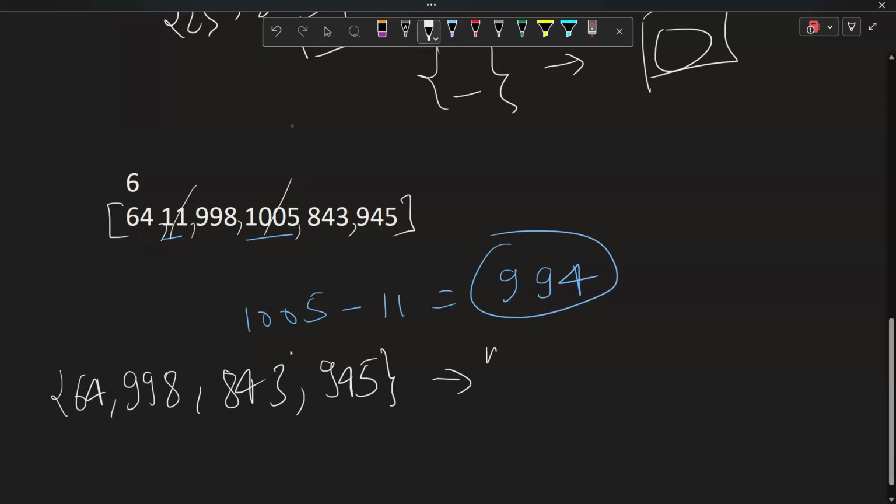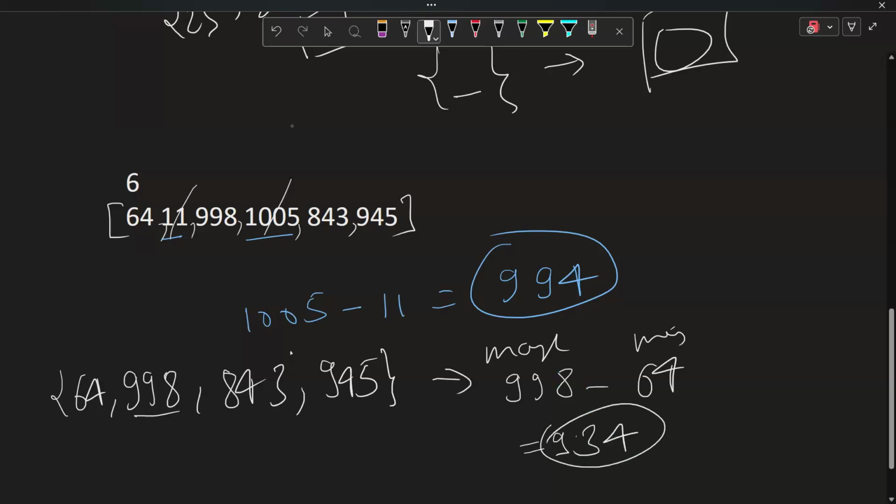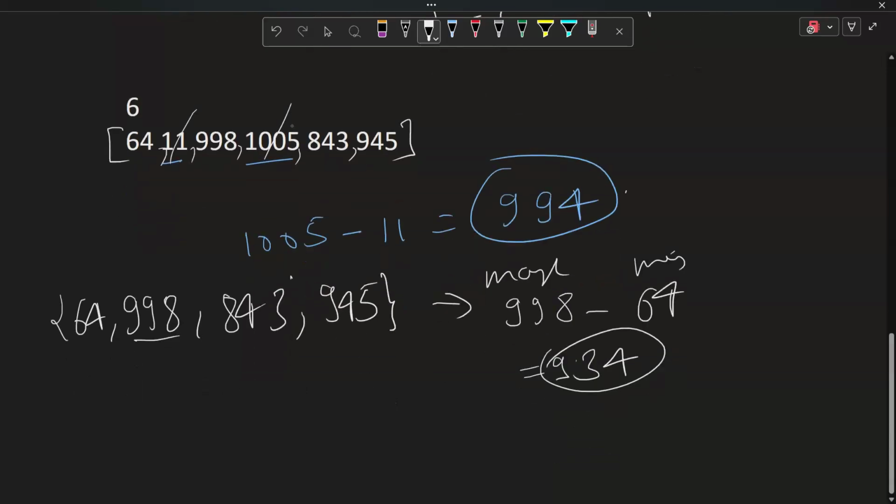The maximum value is 998 and the minimum value is 64. So your range would be 934. So you have basically reduced your range from 994 to 934. Maybe by some other deletion you could have reduced it further. So you need to find those optimal deletions. What two elements would you delete so that the final range is minimized?